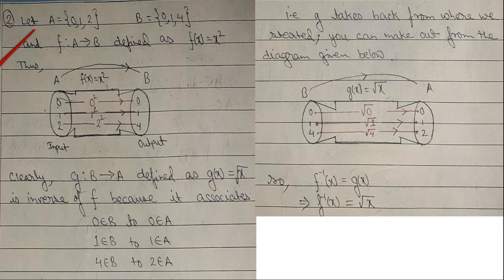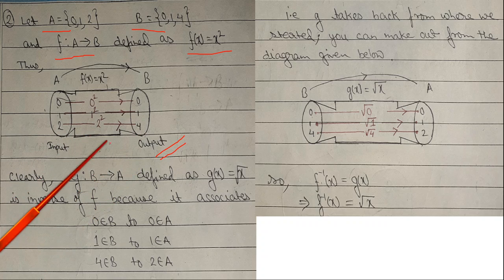Let us see another example. Here I have taken set A, set B, and the function from A to B is defined as f of x equal to x square. This is the diagram for the function. Clearly from the diagram, it's clear that the function is 1-1 as well as onto. So this function will have an inverse by the definition of inverse function.